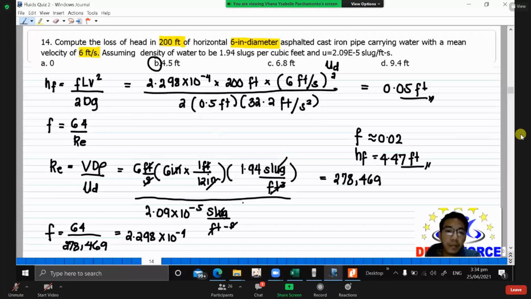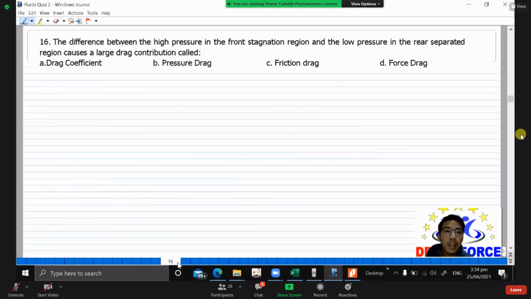Okay, next number tayo, number 16. The difference between the high pressure in the front stagnation region and the low pressure in the rear separated region causes a large drag contribution called, anong tawag dyan? That is the drag coefficient. Sorry, that is the pressure drag.